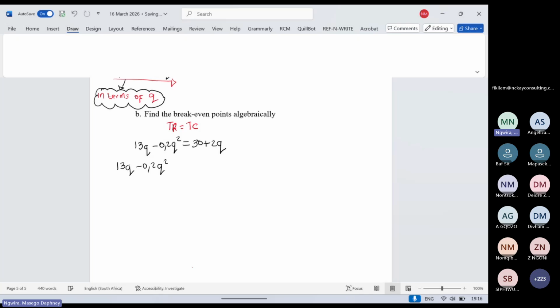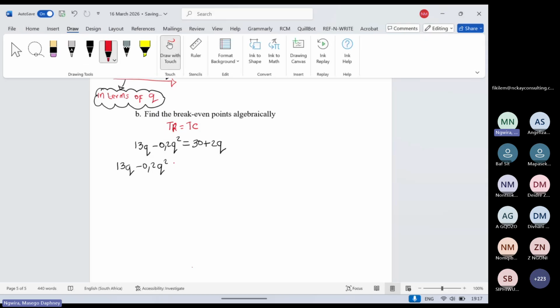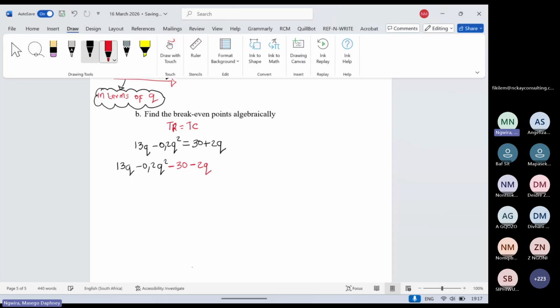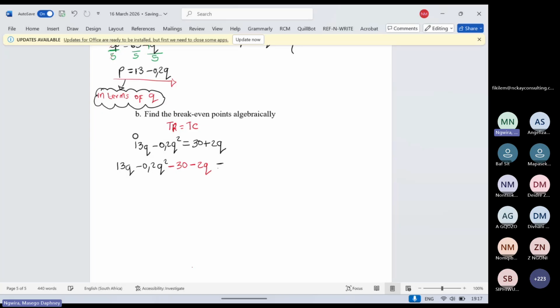When you move everything to the left-hand side, you'll be left with 0. So this will be minus 30 because it was positive, and also minus 2Q. When you move everything to one side, the other side must be equal to 0 because you have an equal sign there. The equal sign must stay. So it's a function. Now we add the like terms.